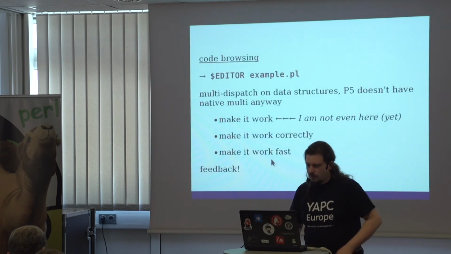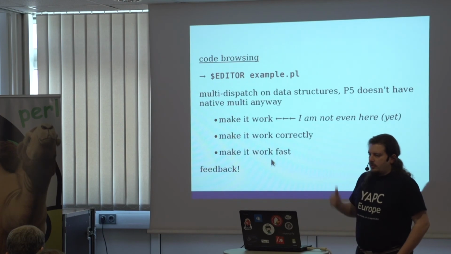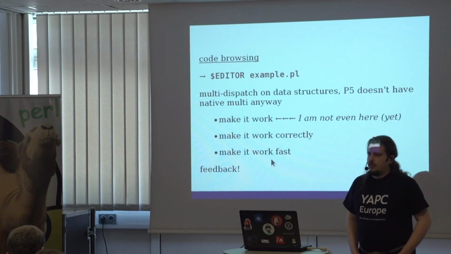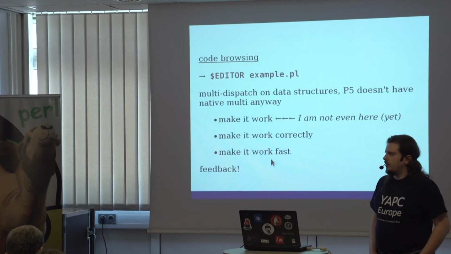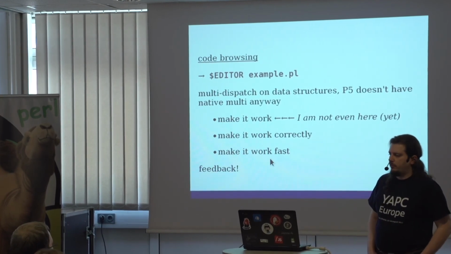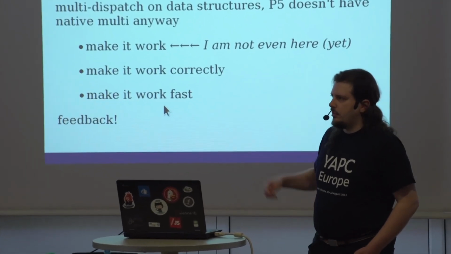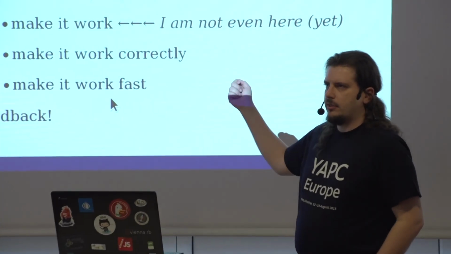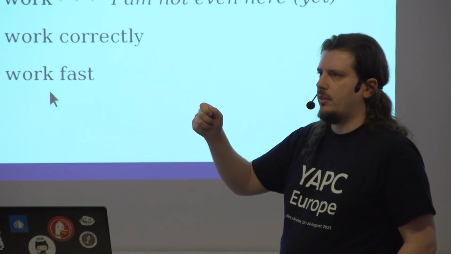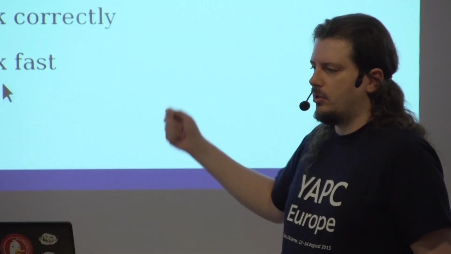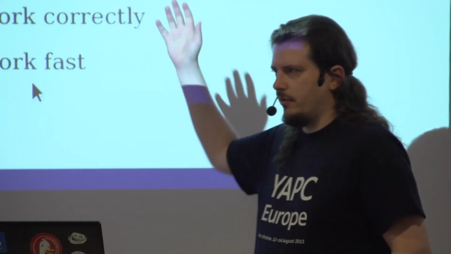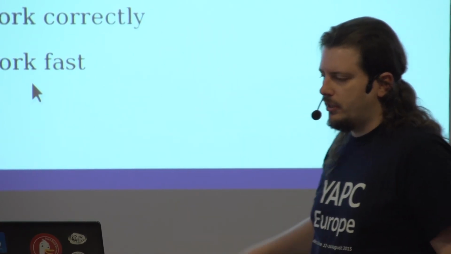Back to the... as you have seen in the example, I'm working with data structures because it's more flexible. And Perl 5 doesn't have multi-dispatch anyway, so Catalyst doesn't help us. We can say sub colon and some sub attributes, but since we have multiple candidates, we have no multi-keyword.